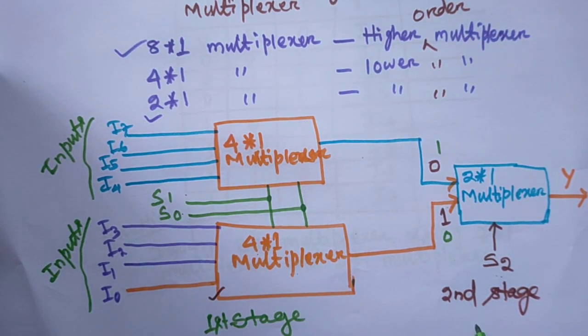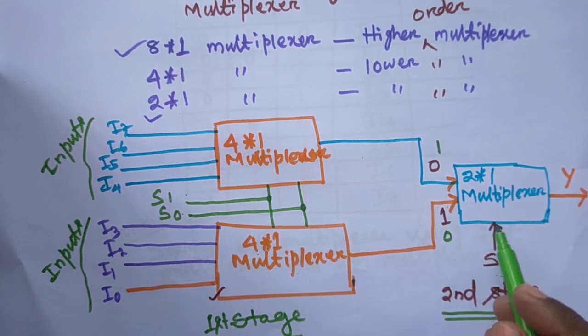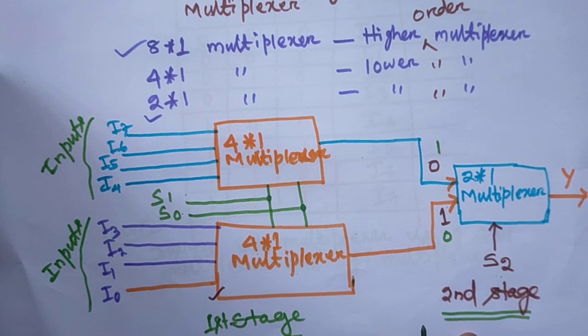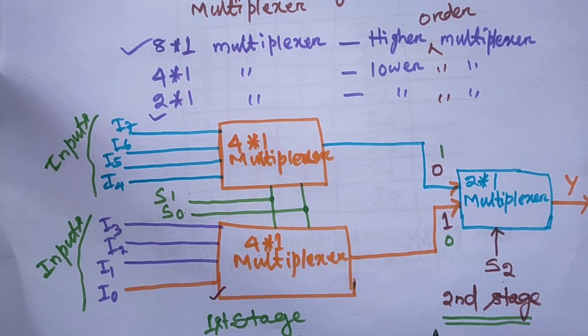So we consider two stages. The first stage is the 4-1 multiplexers, and the second stage contains the 2-1 multiplexer.